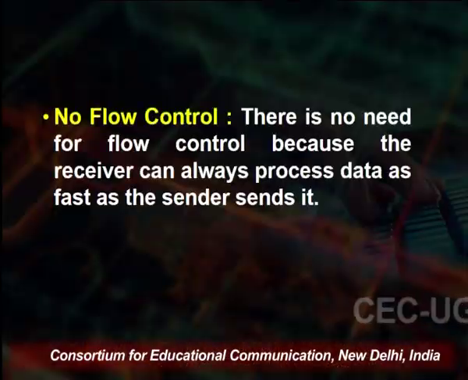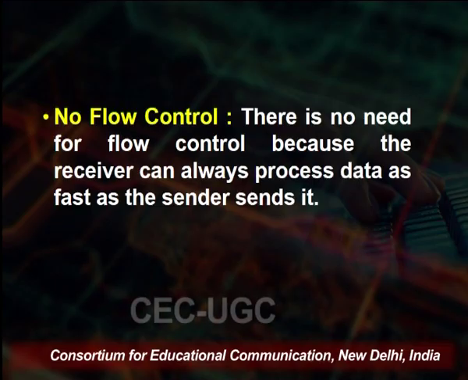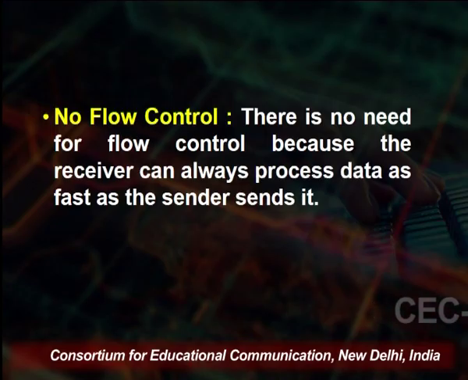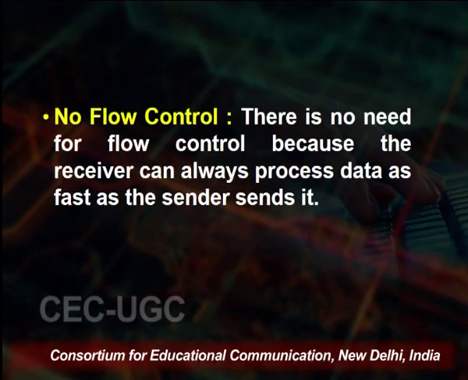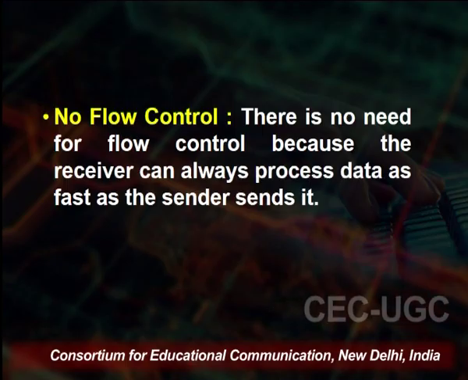And because of this, there is no need for flow control also, because the receiver can always process the data as fast as the sender is sending it. So the sender is sending fast, the receiver is getting it fast and processing is fast. So this was the whole structure of your utopian simplex protocol, in which none of the sides is either stopping or waiting.